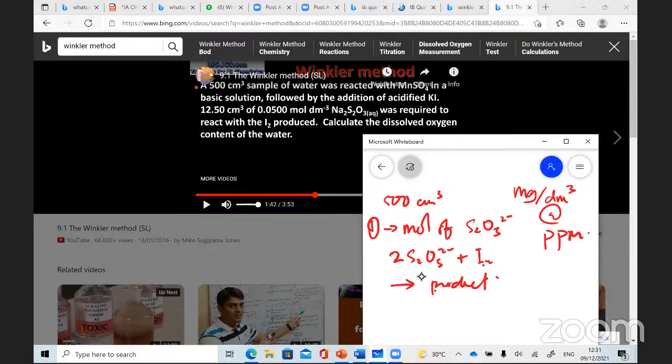So what is the number of mole for thiosulfate? And then what is the number of mole for iodine? So if you get the number of mole for thiosulfate, so what is the number of mole for oxygen? So the ratio is 1 to 4 kan. So in your opinion, press your calculator and then try to find the answer.